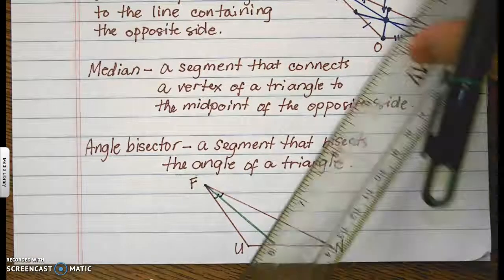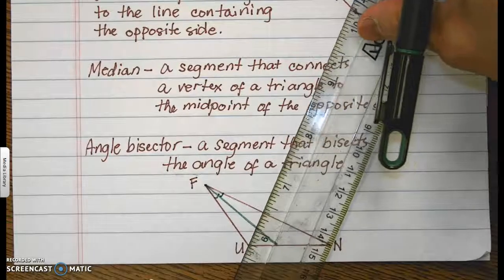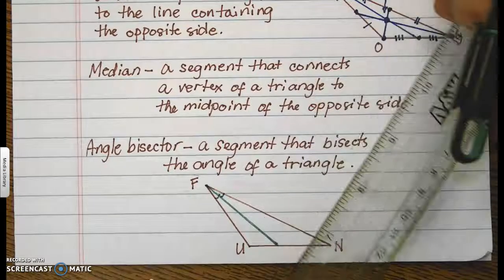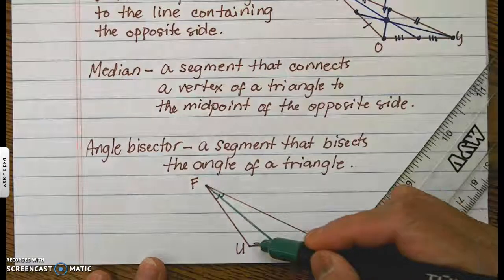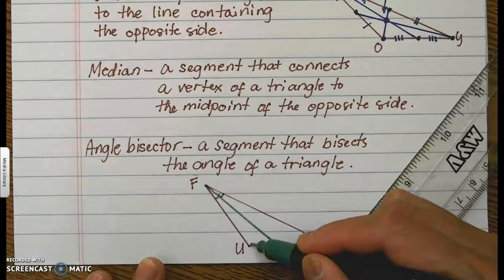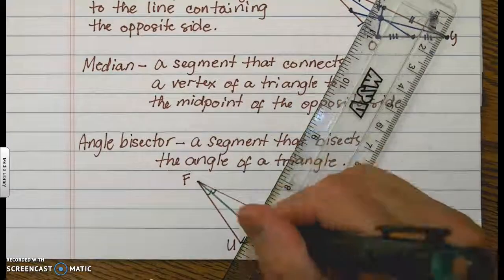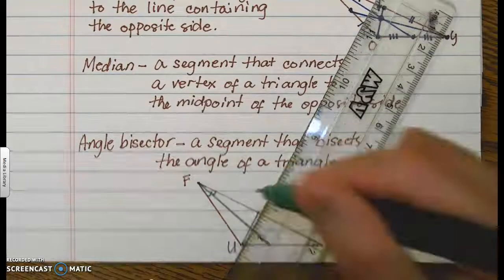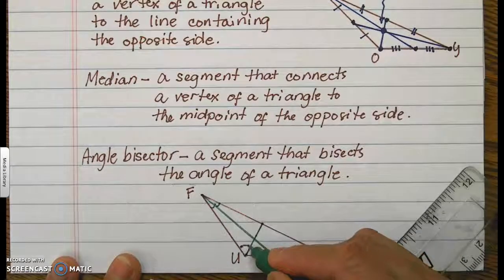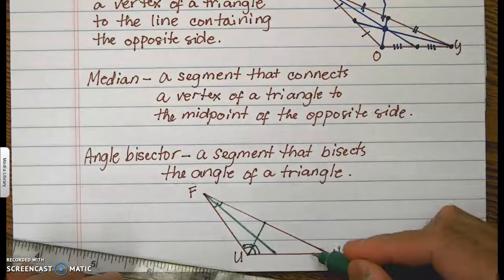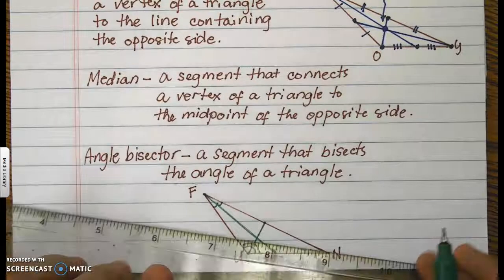And now we will try our best to bisect this. That this is congruent to that. Okay. And then we'll try to bisect this as well.